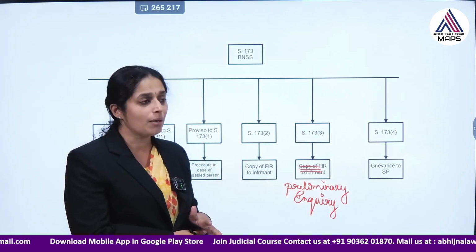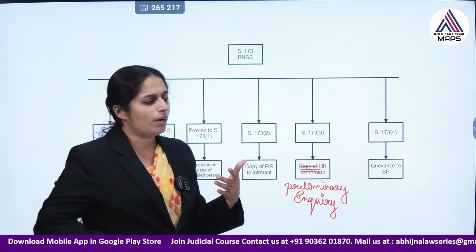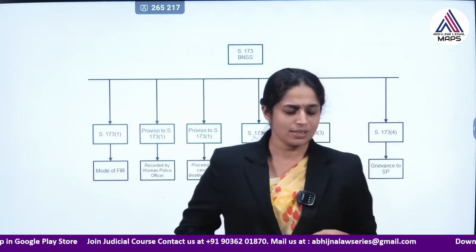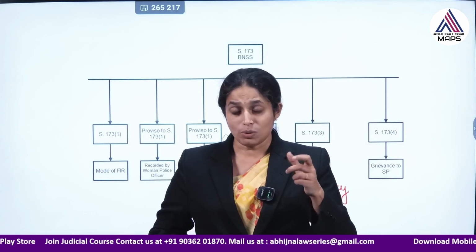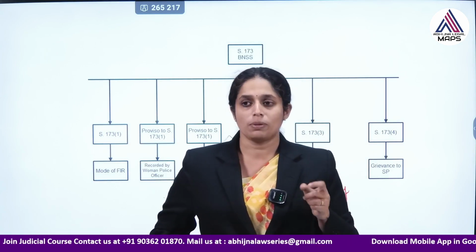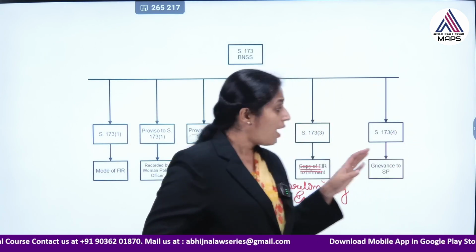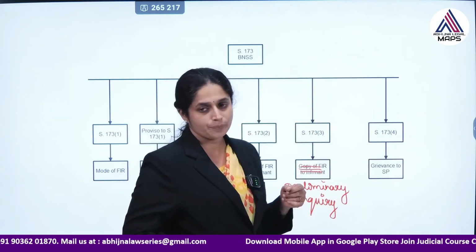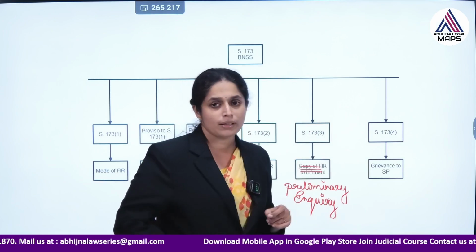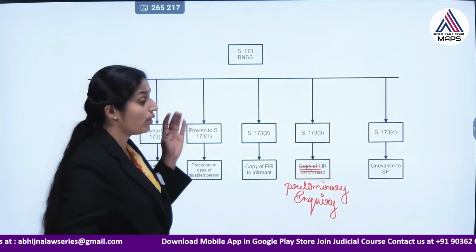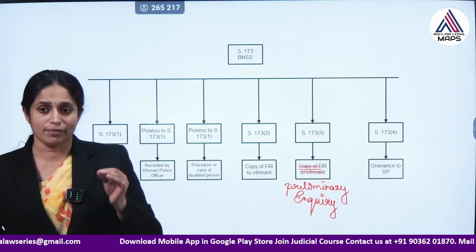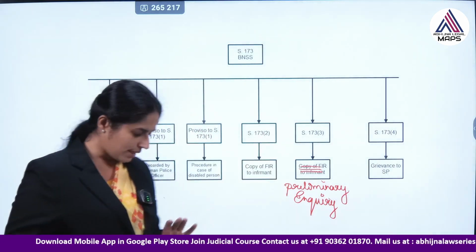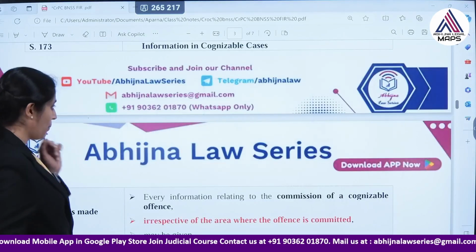Preliminary inquiry was there, and some guidelines had been given with respect to it in the Lalita Kumari case and different cases, but there was no specific provision for preliminary inquiry. Now a separate subsection is created with a new provision regarding preliminary inquiry, and also the concept of zero FIR and the concept of electronic FIR. These kinds of changes have been introduced. Let us understand them one by one.